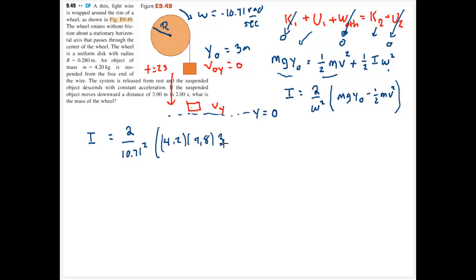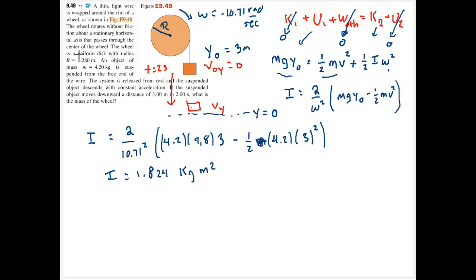Y naught is going to be 3 meters, minus 1/2 times 4.2, and the velocity of the block is going to be 3. Square all that stuff, and I'm going to come out with I being equal to 1.824 kilograms meters squared, which is the unit for moment of inertia.